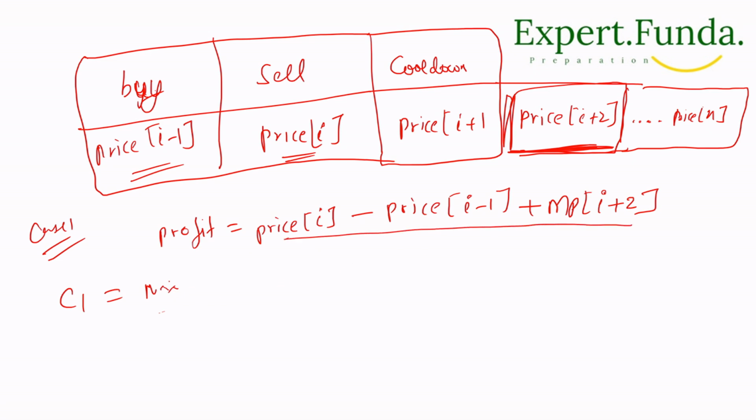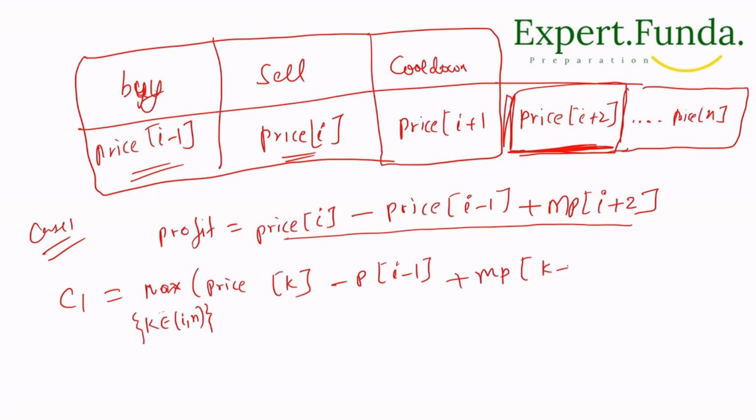Means we can take the max of price, where K belongs to I to N, and this is price at K minus price at I minus 1 plus MP of K plus 2, correct? So this will be our case 1.